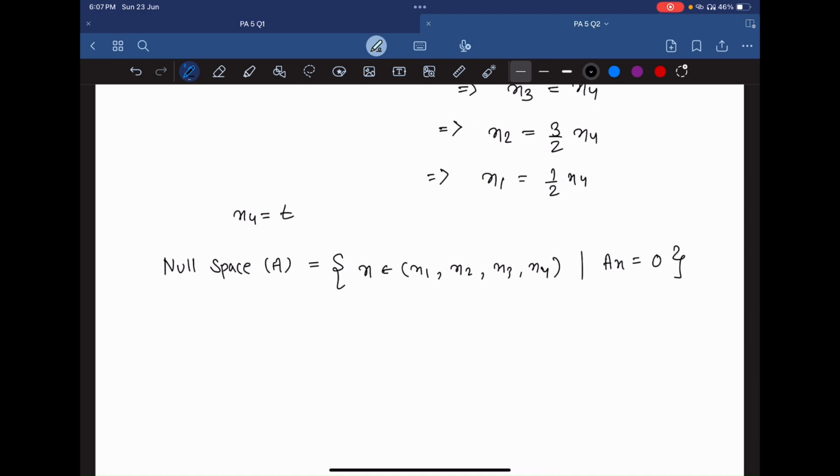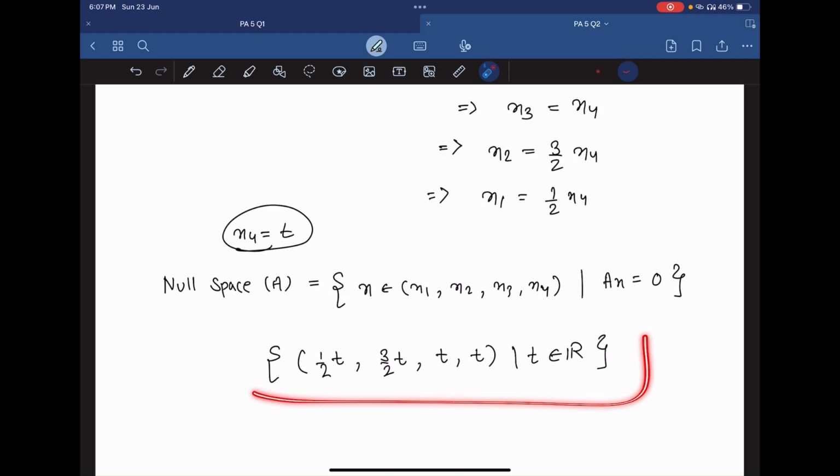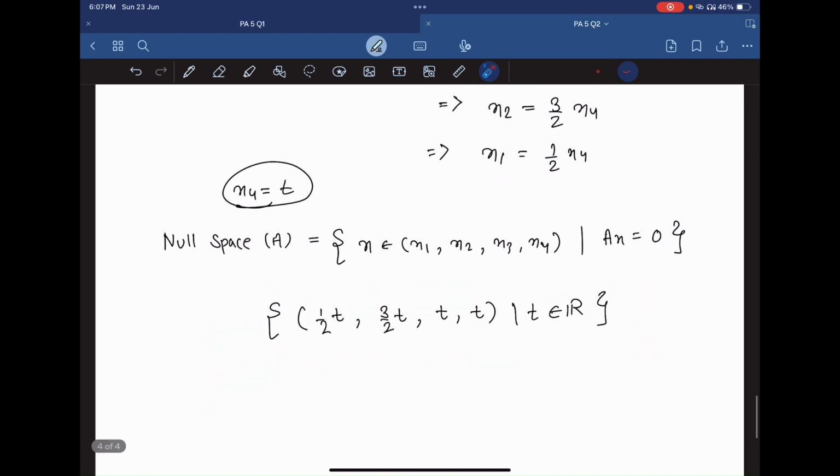So let's treat x4 equal to t. In that case, our null space would be (1 by 2 t, 3 by 2 t, t, t) such that t belongs to the real numbers. So this would be our null space for the matrix A.